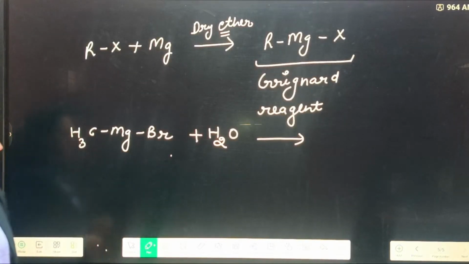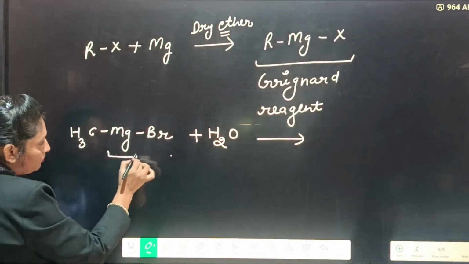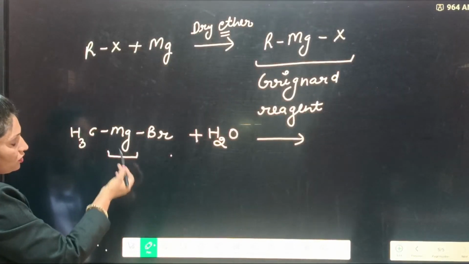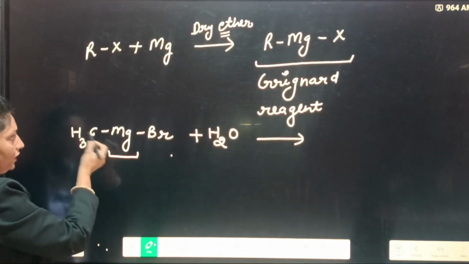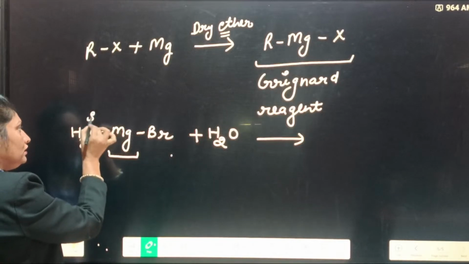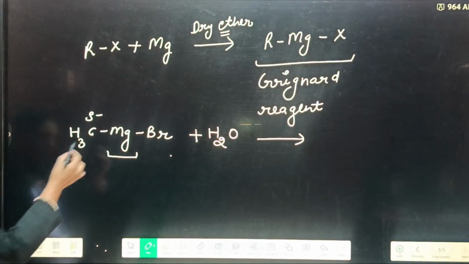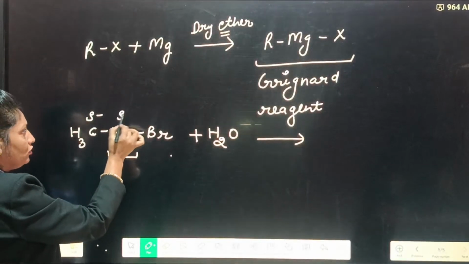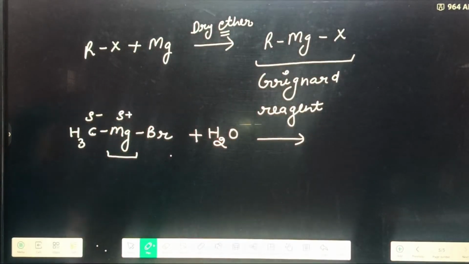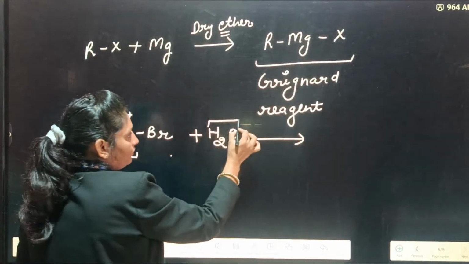You can see here magnesium is a metal, so this one is more electropositive as compared to carbon. Then the negative charge will be attained by this carbon and the positive by this magnesium. Clear?